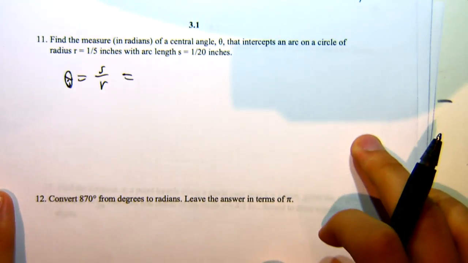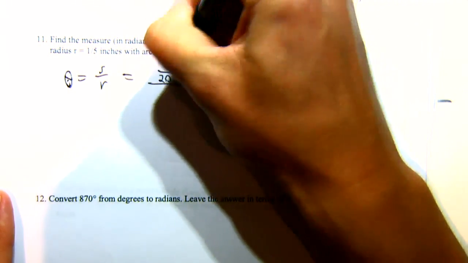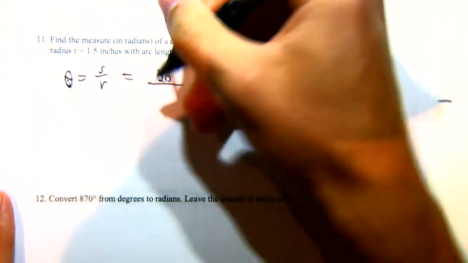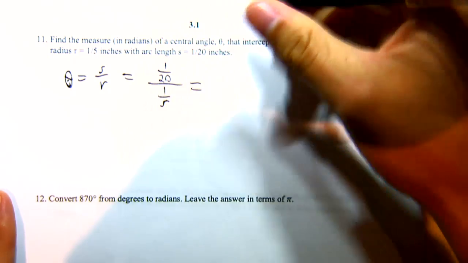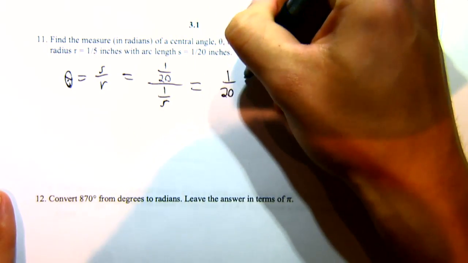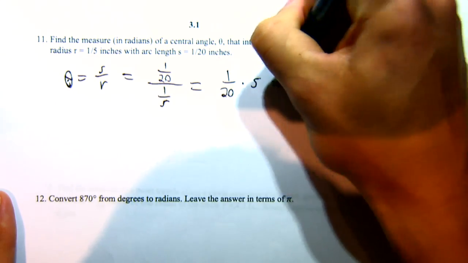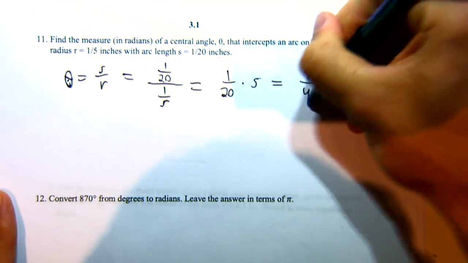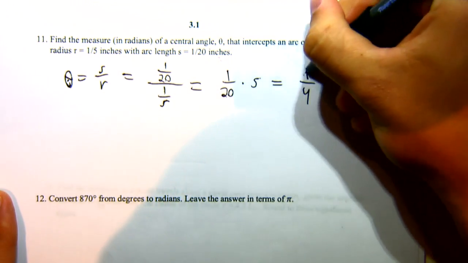Alright, so we have 1/20th over 1/5, which is the same as taking this and multiplying by 5. And we get 1/4 radians, essentially.